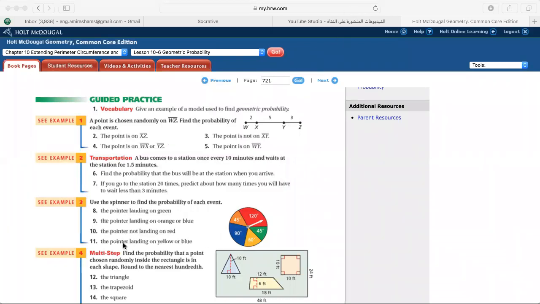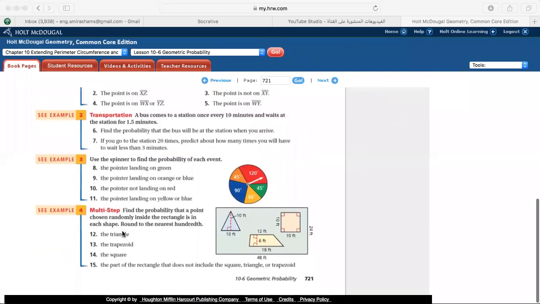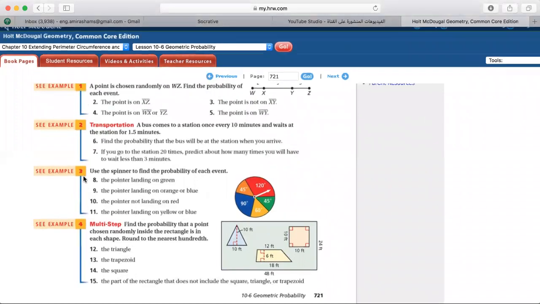Okay, girls, let's answer here number 8. We're going to use the spinner. Use the spinner to find the probability of each event. I have here colors. The red is 120, the green is 45 degrees, the yellow is 60 degrees, the blue is 90 degrees, and the orange is 45 degrees.